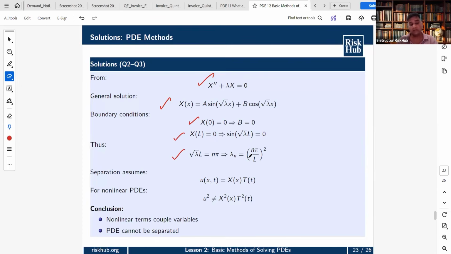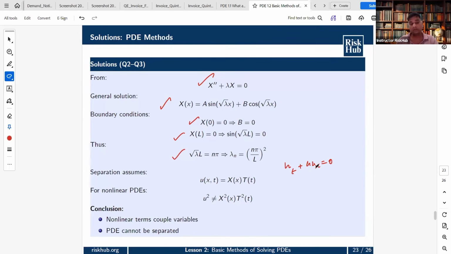For question number 3, the key point is that separation of variables works well for linear PDEs. It usually fails for nonlinear PDEs because nonlinear terms couple variables. For example, u squared u_t plus u_x is equal to 0.